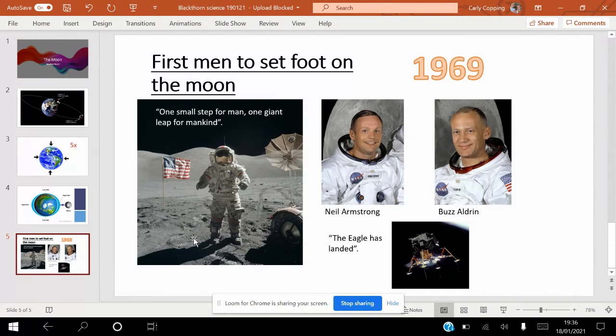And those footprints, as it said in the YouTube video you just watched, will stay there for millions of years because there's no erosion and no wind on the moon. So they will stay exactly as they are for millions of years, which again is a really interesting fact, I think.